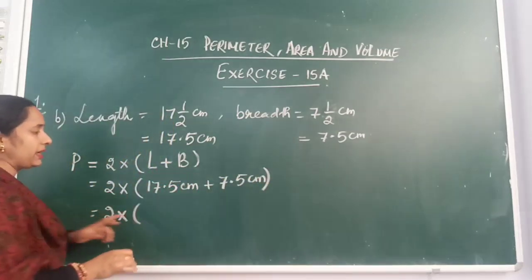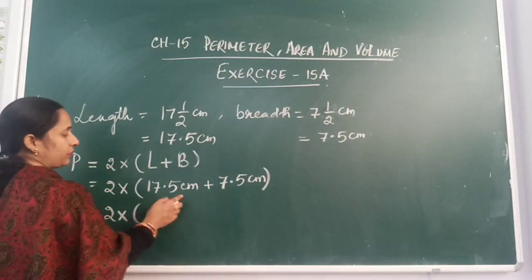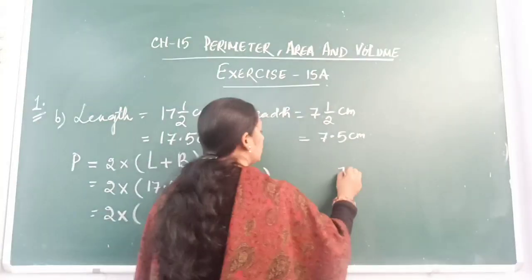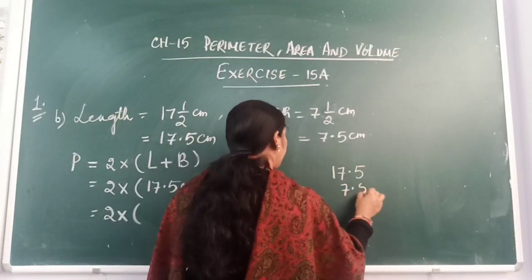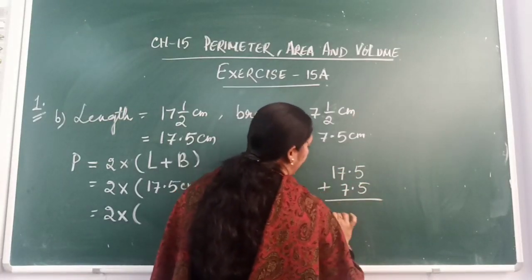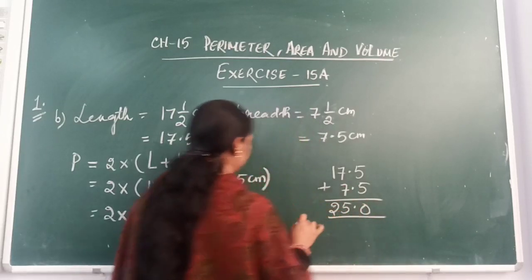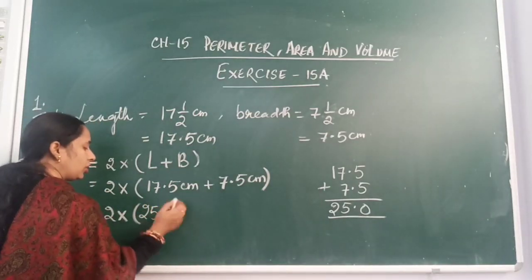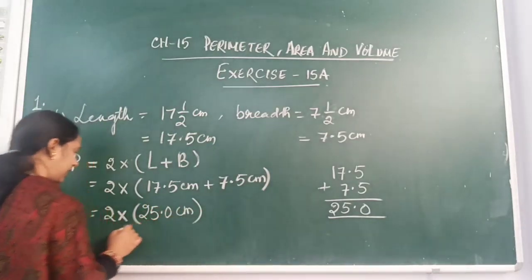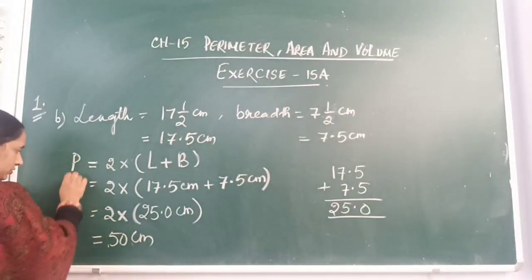Now what we have to do? We have to multiply the sum of these two, length and breadth, by 2. So 17.5, in rough column you can do the working, 7.5 you need to add. So you get how much? 25.0 or 25 centimeter, both are same. Now this is 50 centimeter.